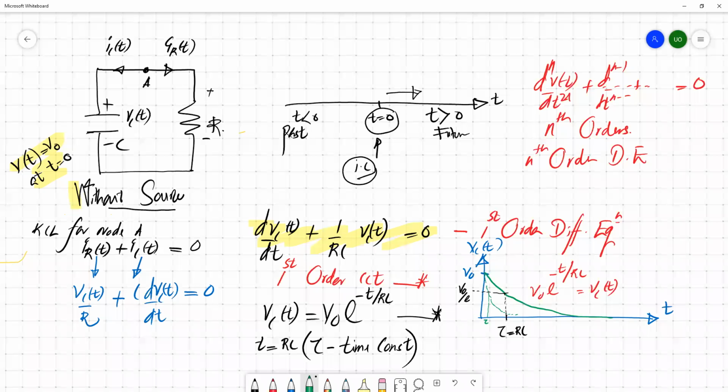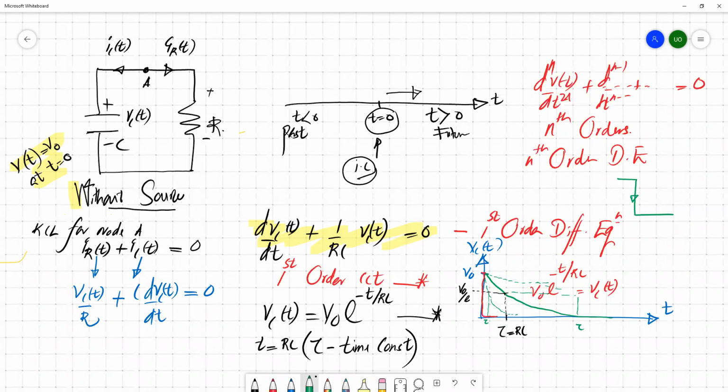If the time constant goes to 0, you can see this kind of discharge process, immediately discharge. If the time constant is reasonably high, it takes a long time to discharge.